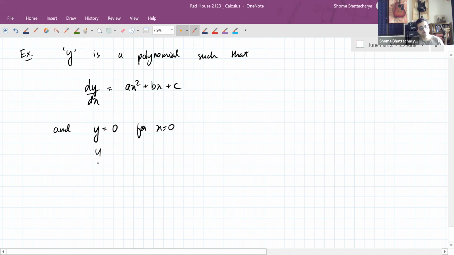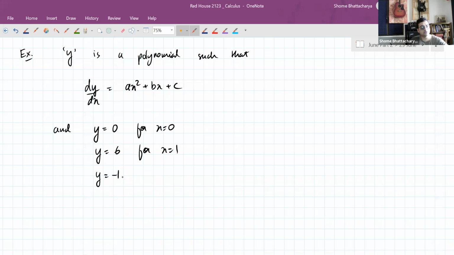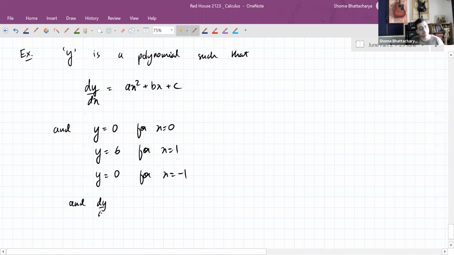Okay, y was equal to 6 for x equal to 1. y was again equal to 0 for x equal to -1, and dy by dx was equal to 2 for x equal to 0. So we wanted to find the unknown constants a, b, and c from this.